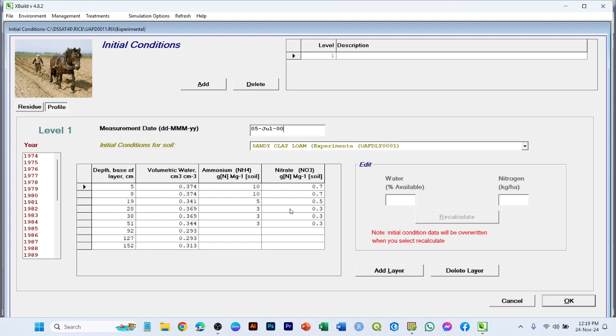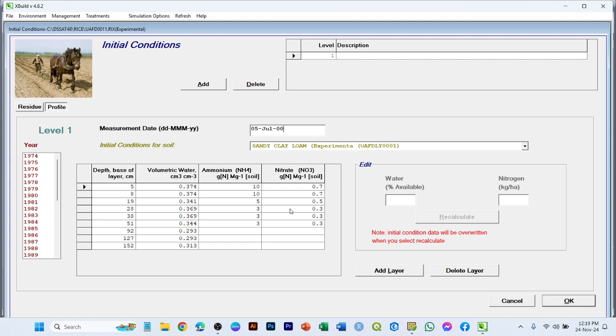This is the depth, and this is the measurement of different nitrogen and ammonium values. You have to put them in. If you don't have them, you have to keep it blank. But again, if you have them, then the accuracy will be high. Definitely, if you put all the things into the model, then it will give only the information that you provide.